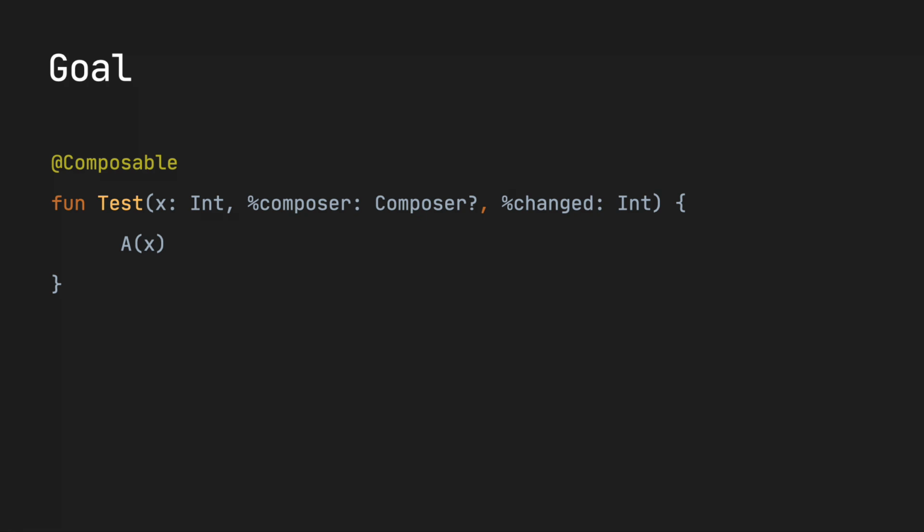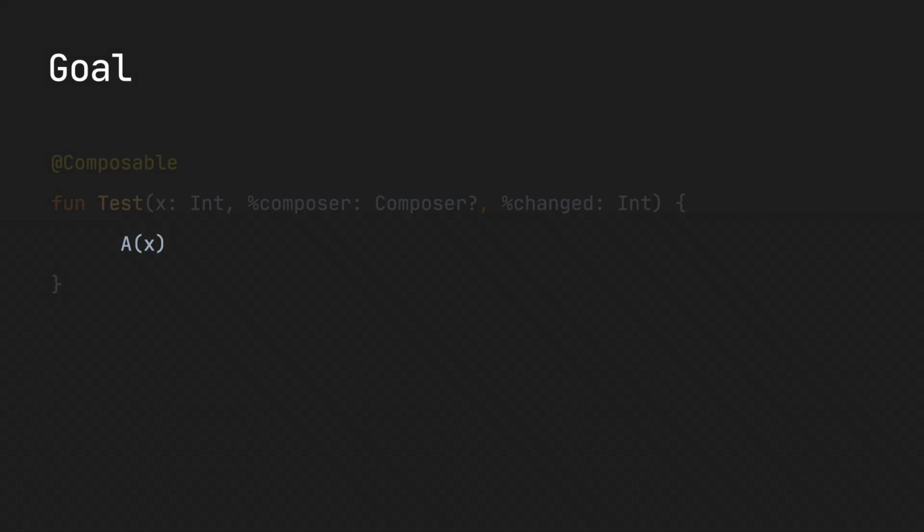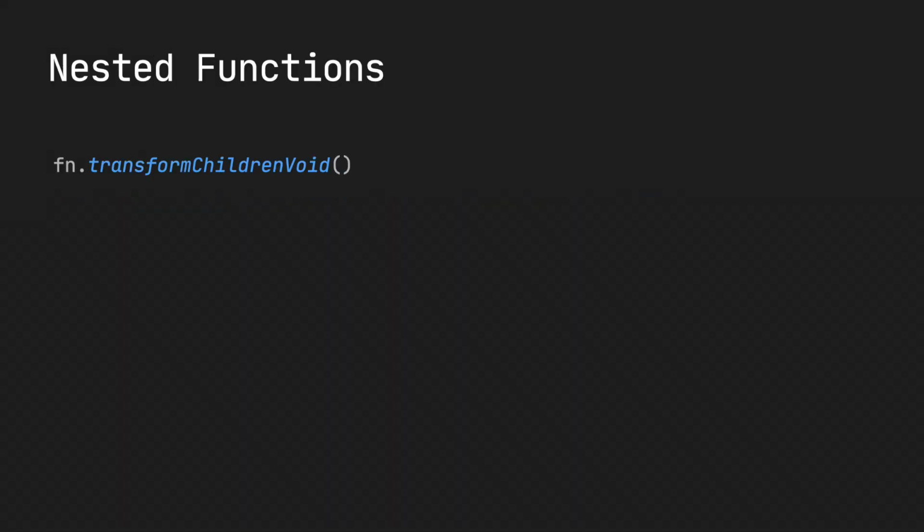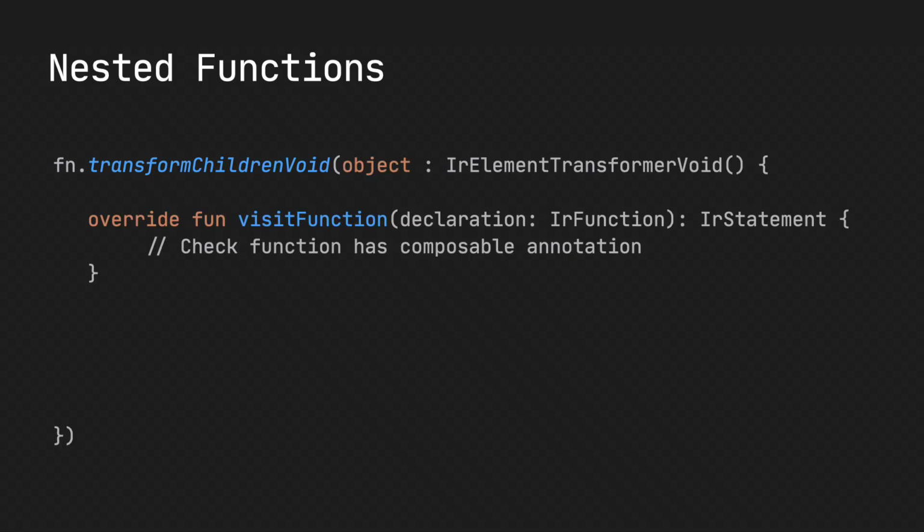Now I need to be able to traverse these nested methods and pass along this change bit mask and the composer to it. How do you do that? There is an extension that the Kotlin compiler provides called transform children void. It allows you to add in an element transformer.